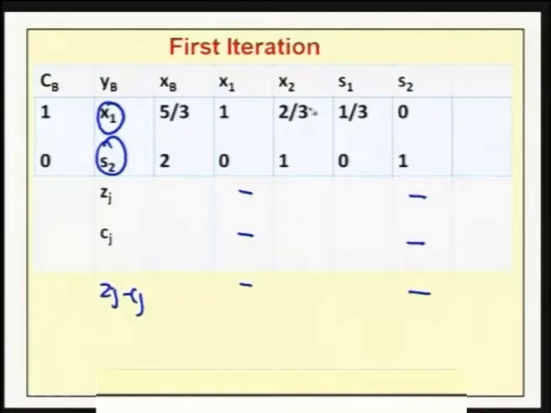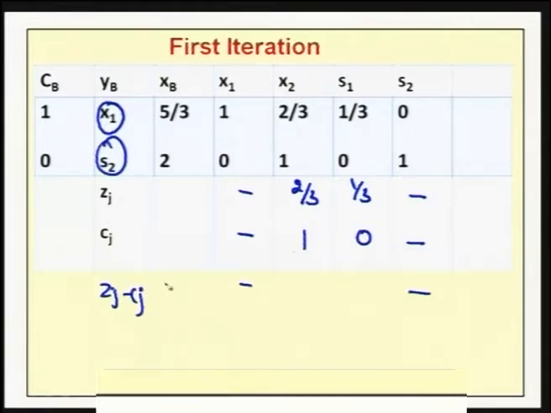Now, for x2, our z2 is 1 into 2 by 3 plus 0 into 1, so we have 2 by 3. For s1, our corresponding zj value is 1 into 1 by 3 plus 0 into 0, so we have 1 by 3. Now, the cost for x2 is 1 and the cost for s1 is 0.